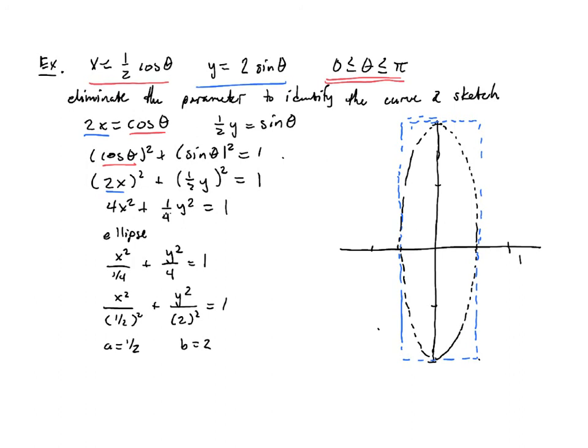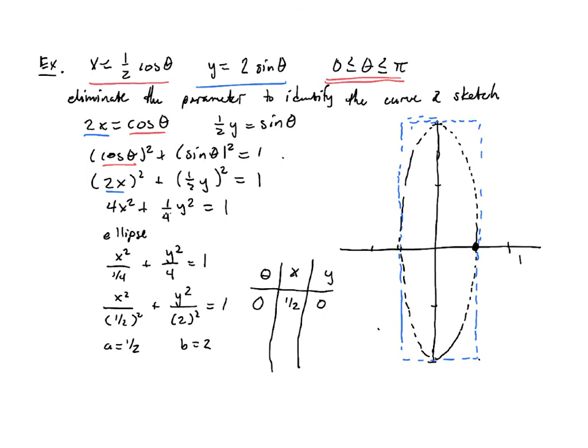So I'll make a table of values here. When I plug in theta equals 0, my x is 1/2 cosine theta, so that'll be 1/2. My y will be 2 sine theta, which is 0, and that tells me my starting point is right here at 1/2, 0.